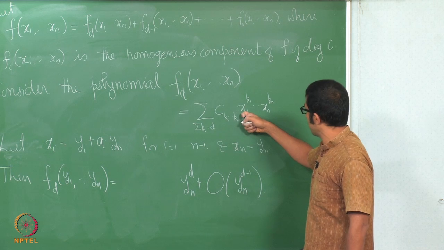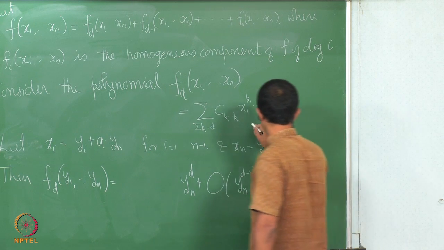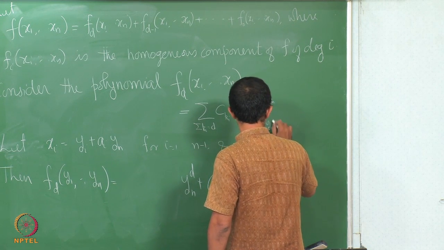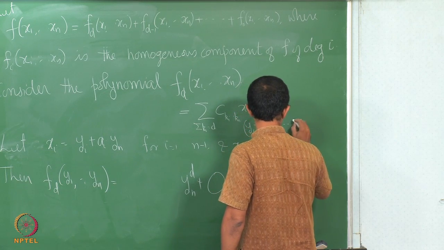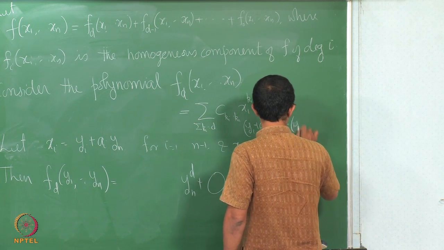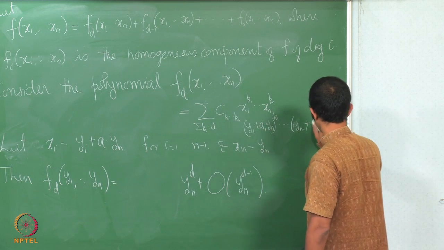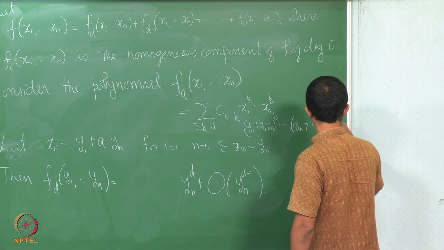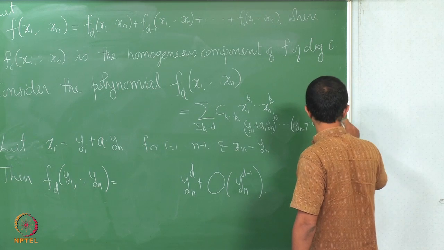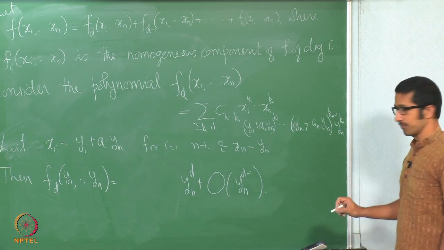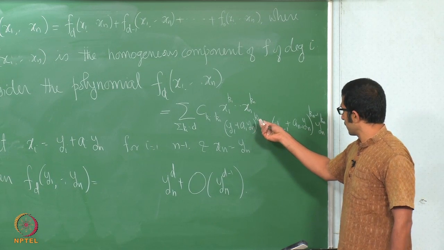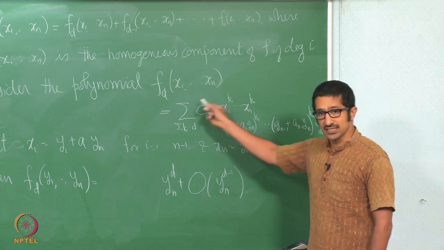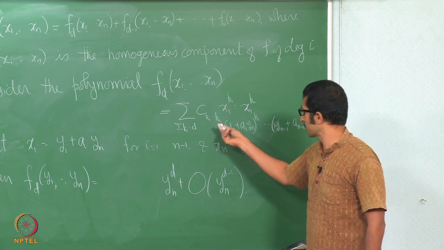I am writing y1 plus a1 yn whole power k1, up to yn minus 1 plus a n minus 1 yn whole power k n minus 1, times yn whole power kn. Look at this term, c_{k1...kn}.